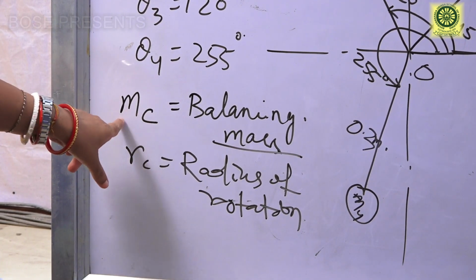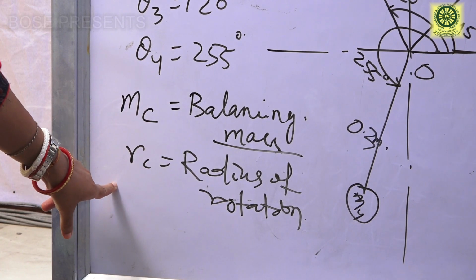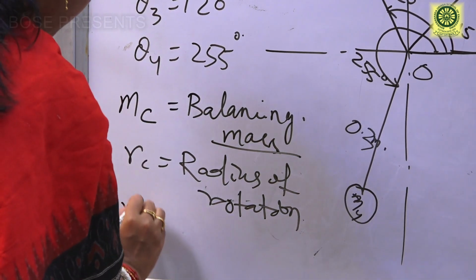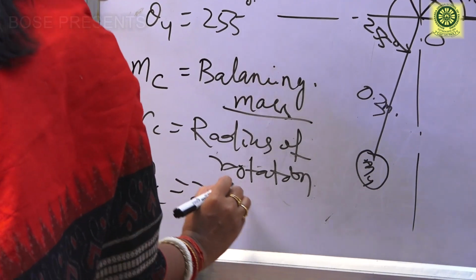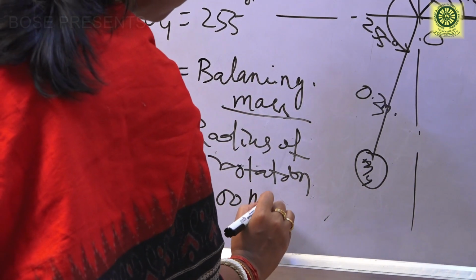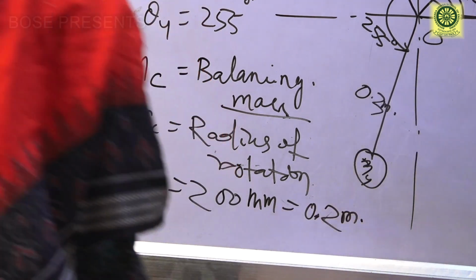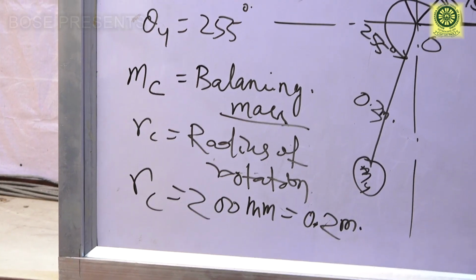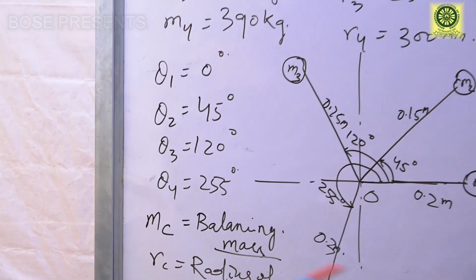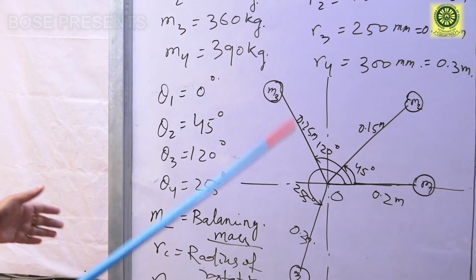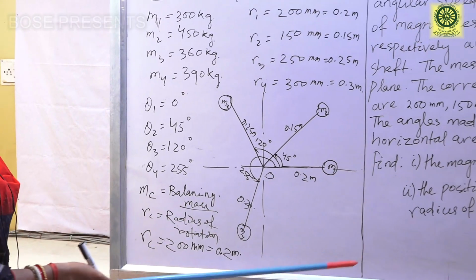That's why we have MC and RC. So here your RC is given as 200 mm, that is equal to 0.2 meter. So this is all about your given data, and from this data and the diagram you can solve the problem.